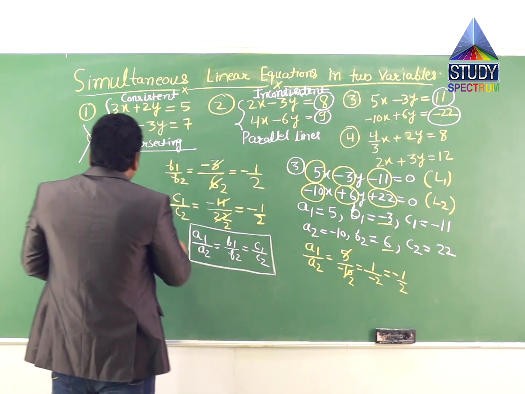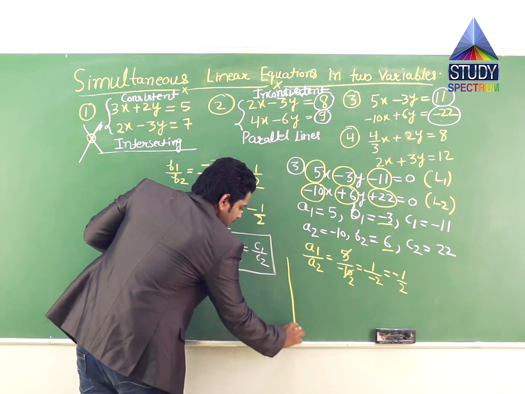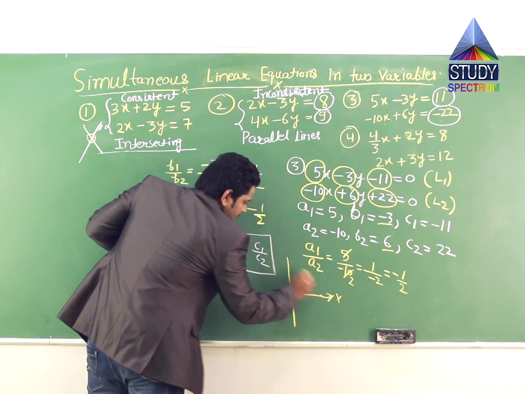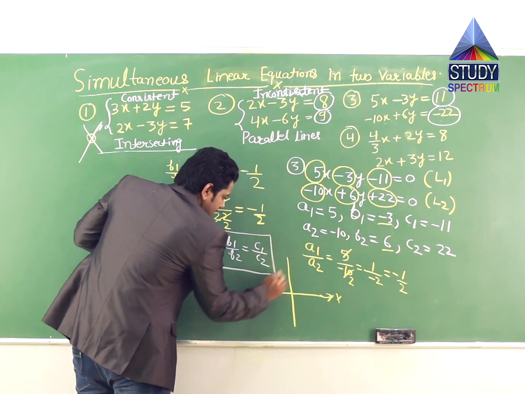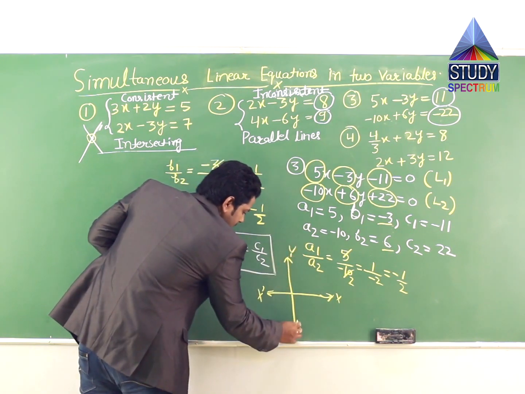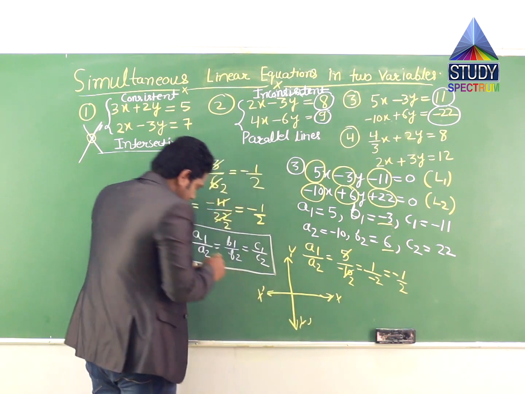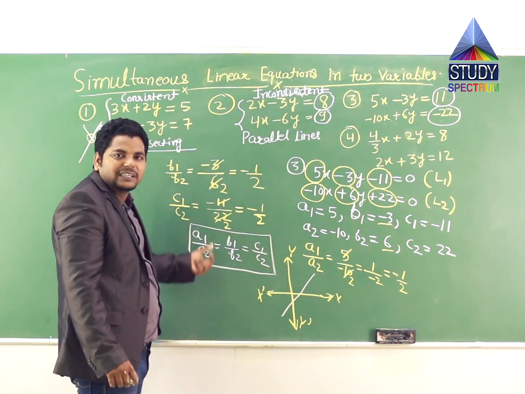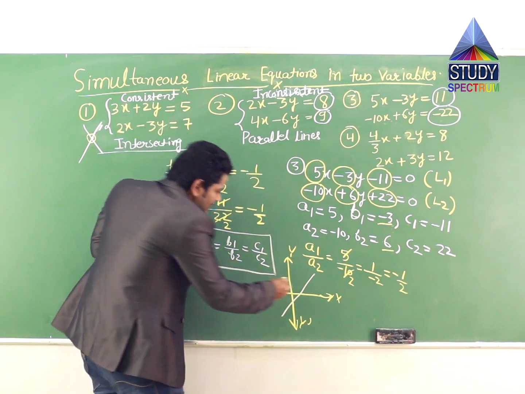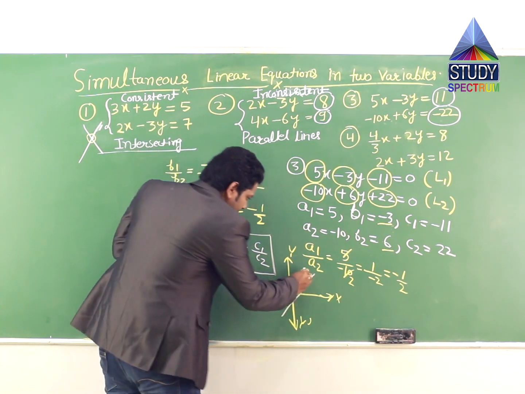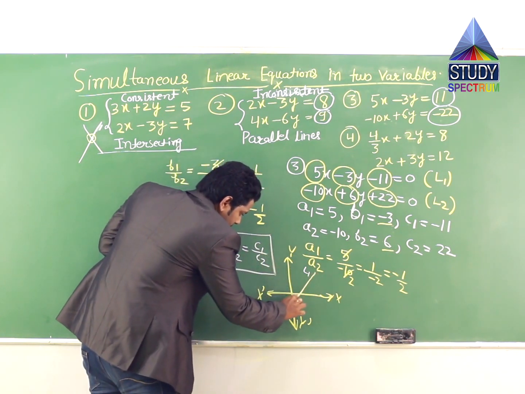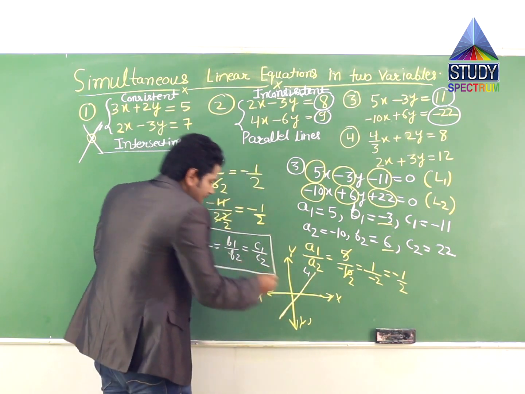So here, this is x, this is x dash, this is y, this is y dash. Suppose this is line L1, I am not drawing it exactly, and the yellow line is the L2 line.